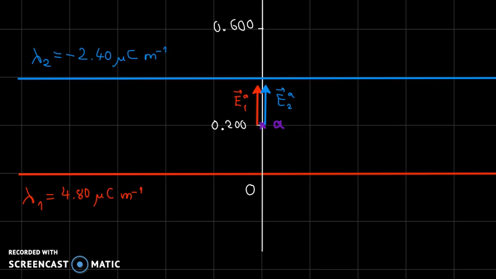That's E1A in the picture. On the other hand, the negative charge distribution on top, which I call lambda 2, will create an electric field towards itself. At point A, that will be again pointed upward. So both E1 and E2 at point A will point upward.